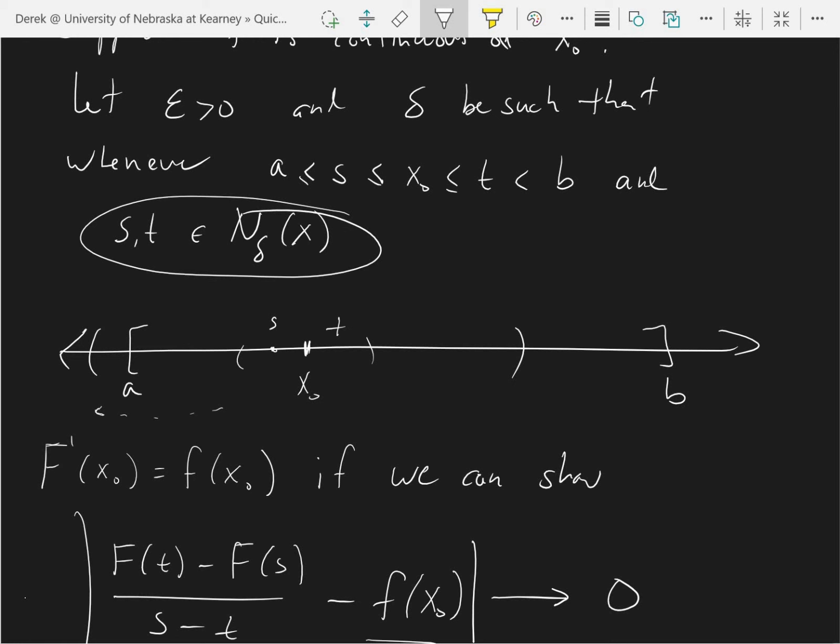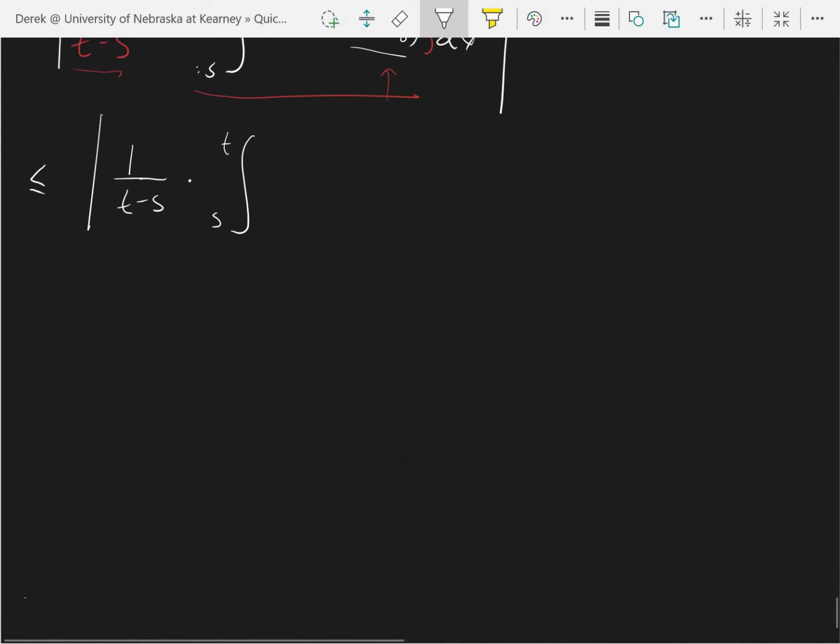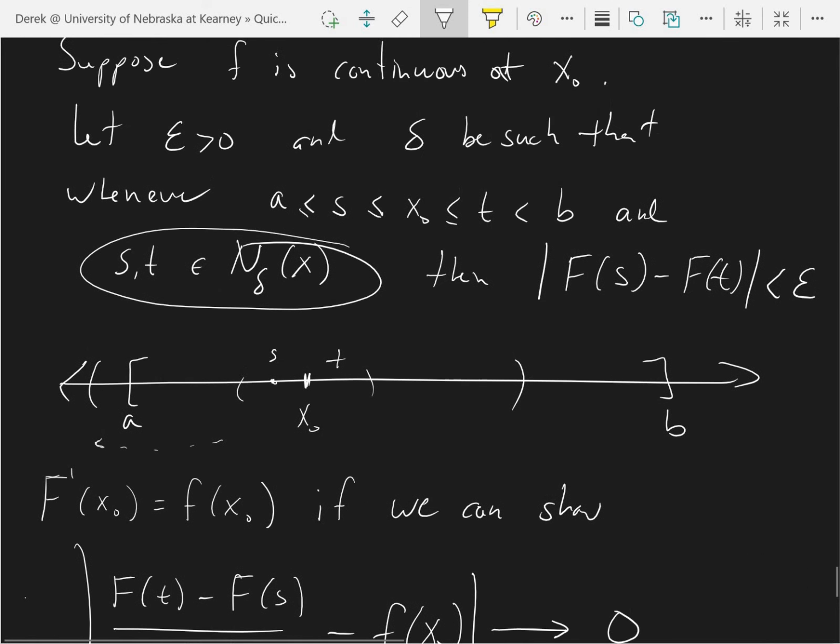I had forgotten to put up here that then the absolute value of f of s minus f of t is less than epsilon. Right, that was just using the continuity. Okay, so now, oops, that's not capital, that's lowercase, because I'm using continuity of the little f.